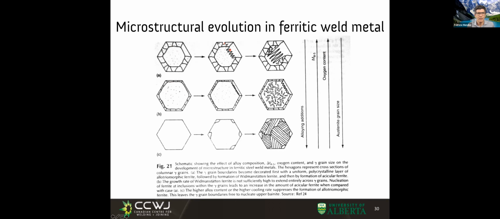Now, as time goes by, ferrite grows. And this growth is called Widmanstatten ferrite. It's a very coarse ferrite phase, right? And it has these big kind of fingers or laths that grow in. This is Widmanstatten ferrite. And we can have a little bit of that also if we cool down faster, not all that much.